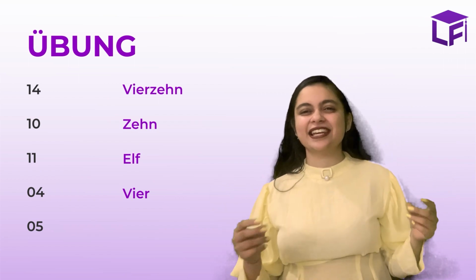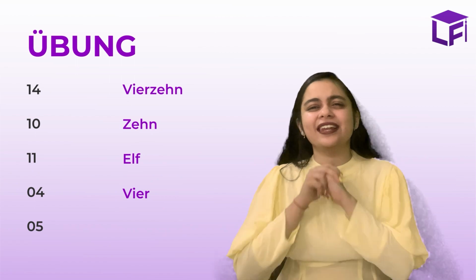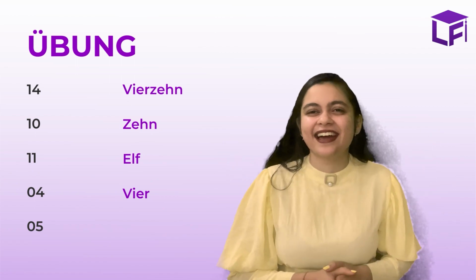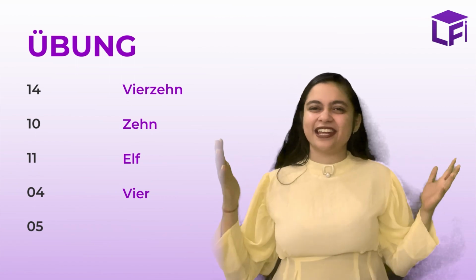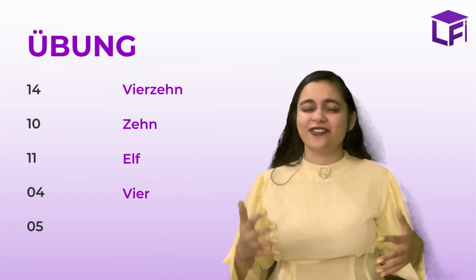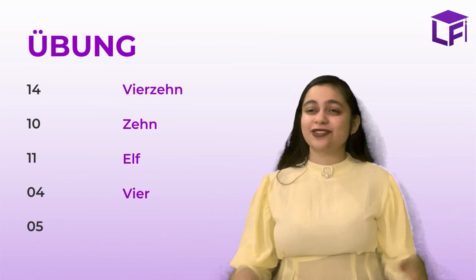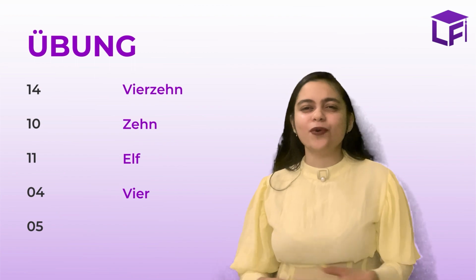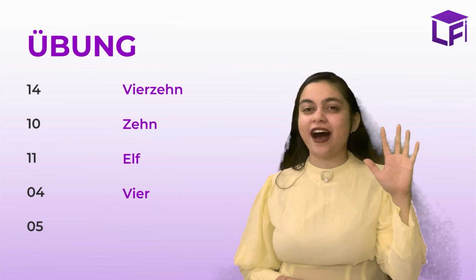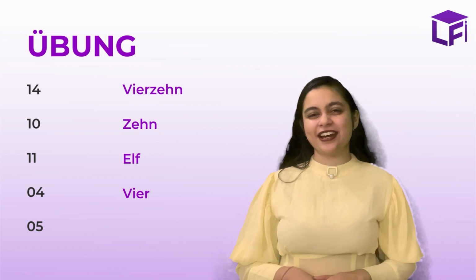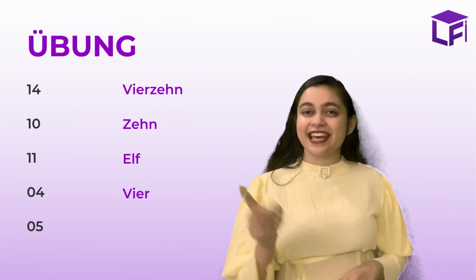Oh, great! That brings us to the last question for the day. Excellent, guys. This is getting fun. So the last question for the day is, how would you say the number 5 in German language? The clock's ticking.